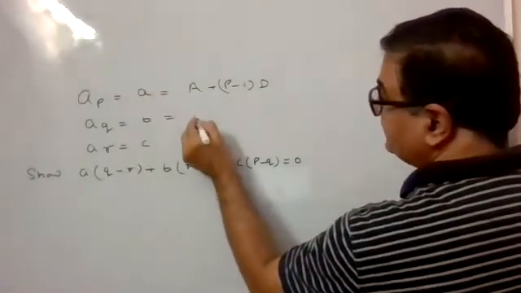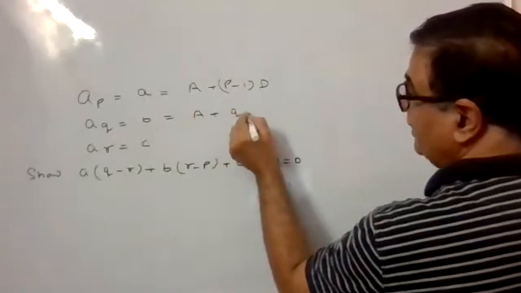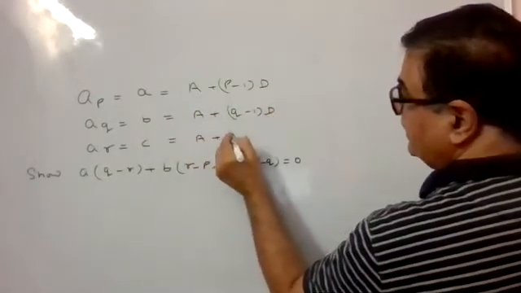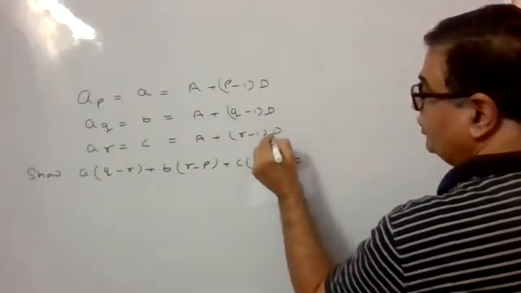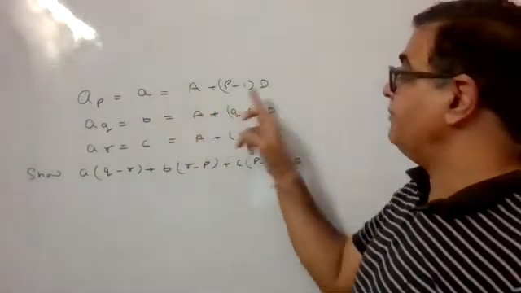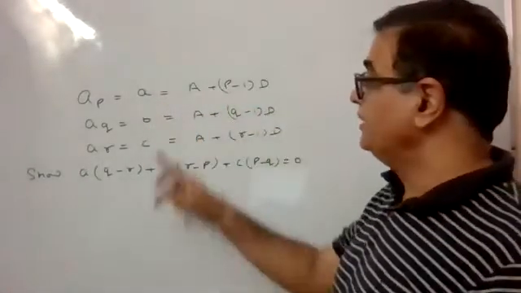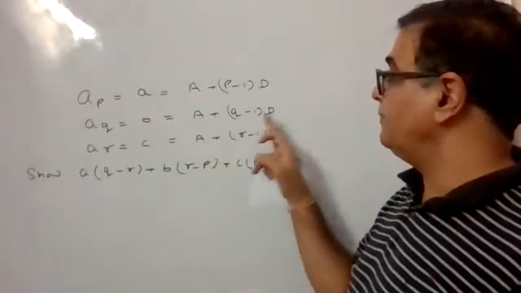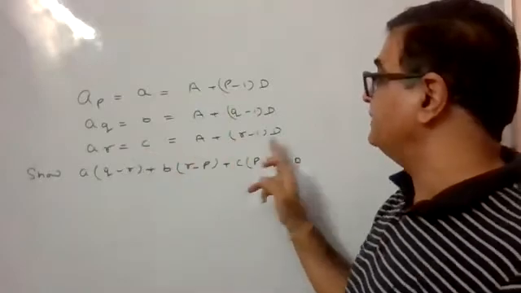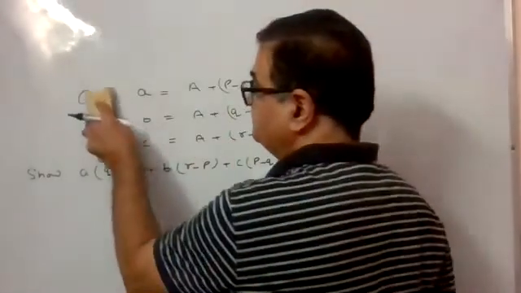Then we will write this as a plus q minus 1 into d, and this I'll write as a plus r minus 1 into d. So I got three equations now. A is a plus p minus 1 into d. B is equal to a plus q minus 1 into d, and the rth value, that is C, is a plus r minus 1 into d.